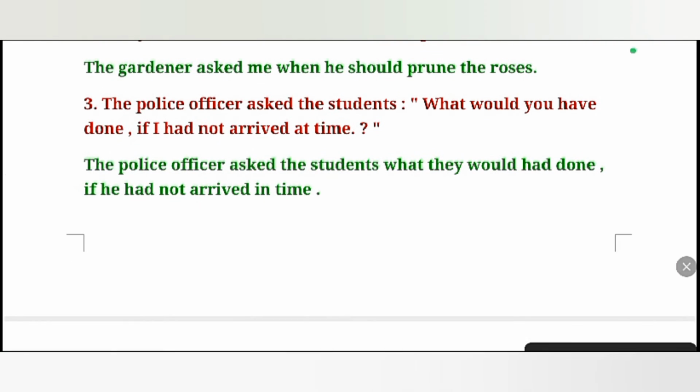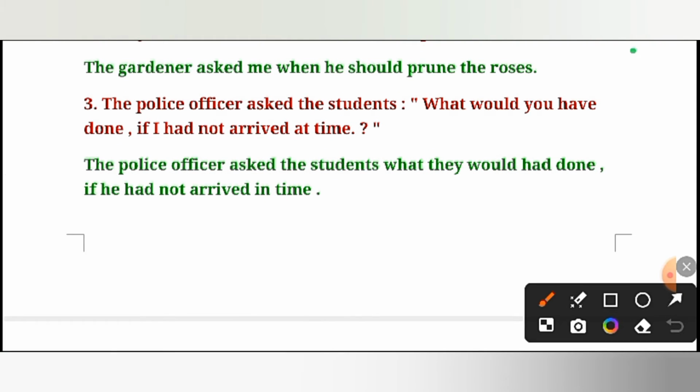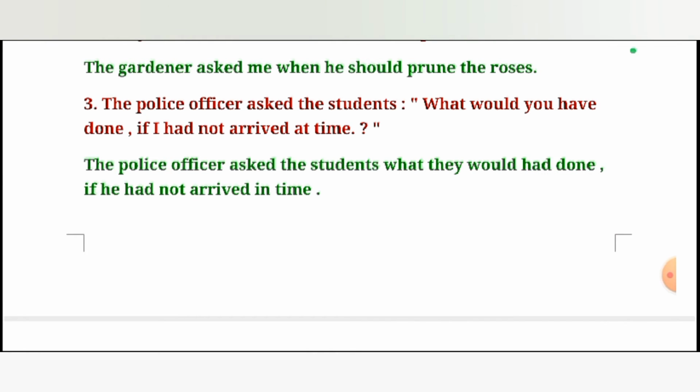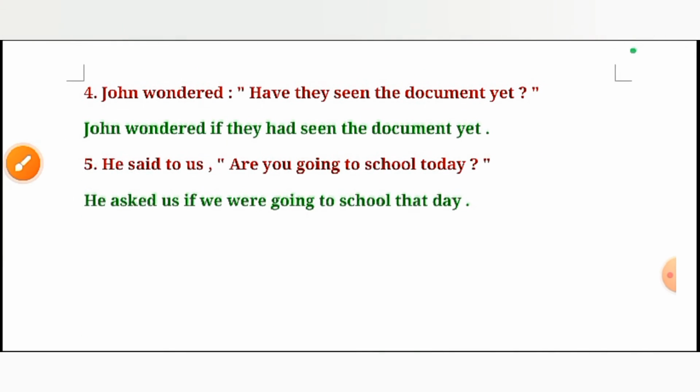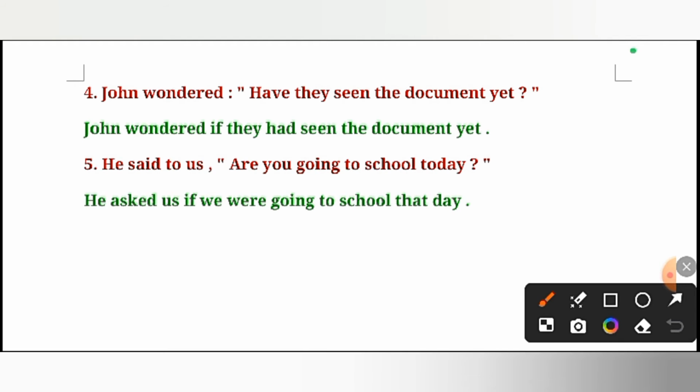Number 3, the police officer asked the student, what would you have done if I had not arrived in time. So he asked the student what they would have done if he had not arrived in time. Number 4, John wondered, have they seen the document yet? That will be, John wondered if they had seen the document yet.